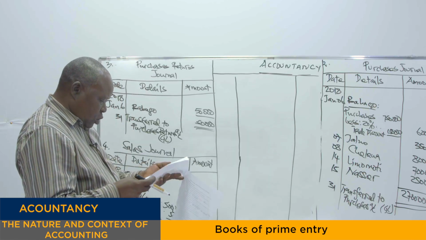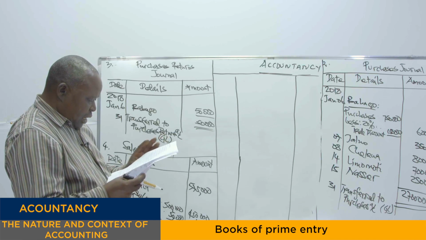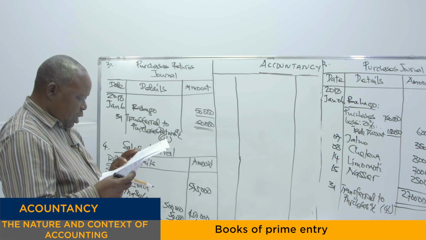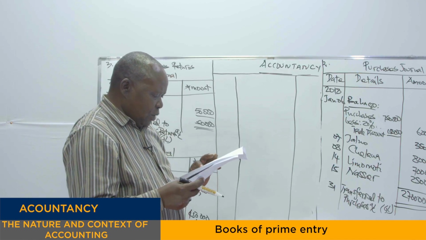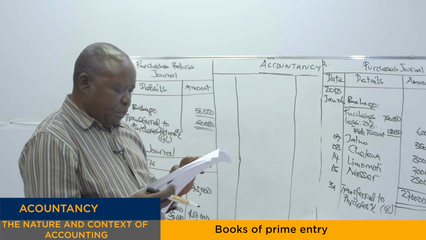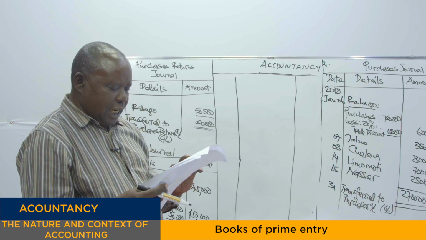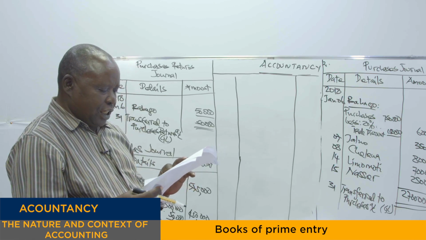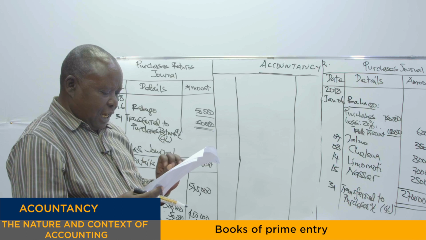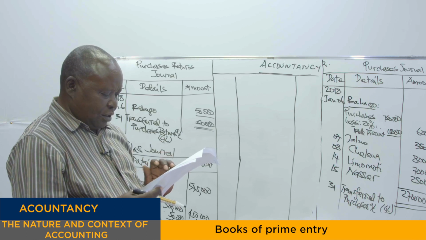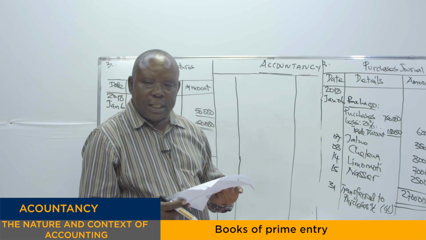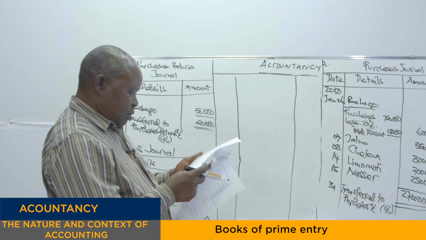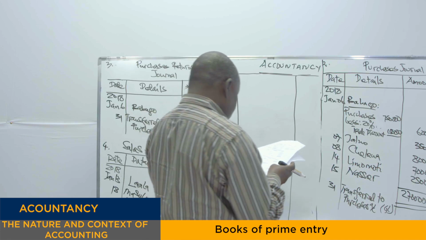Now we are going to 20th. On 20th we sold goods to Lotani 900,000, and on 21st we sold goods to Pepekale Tanzania shillings 600,000, and we don't have trade discount in these two transactions, so we are going to record it directly to the sales journal.